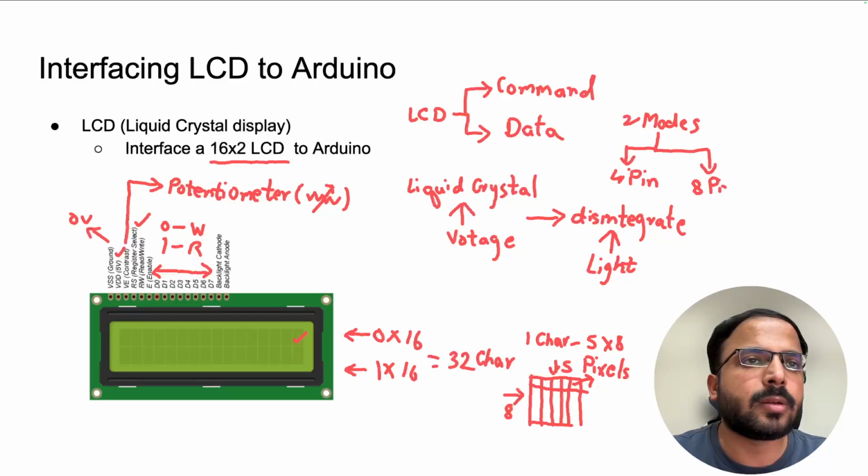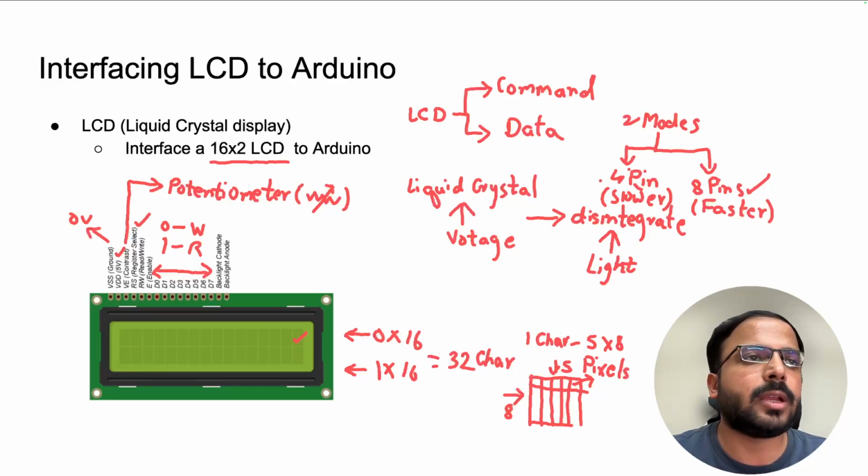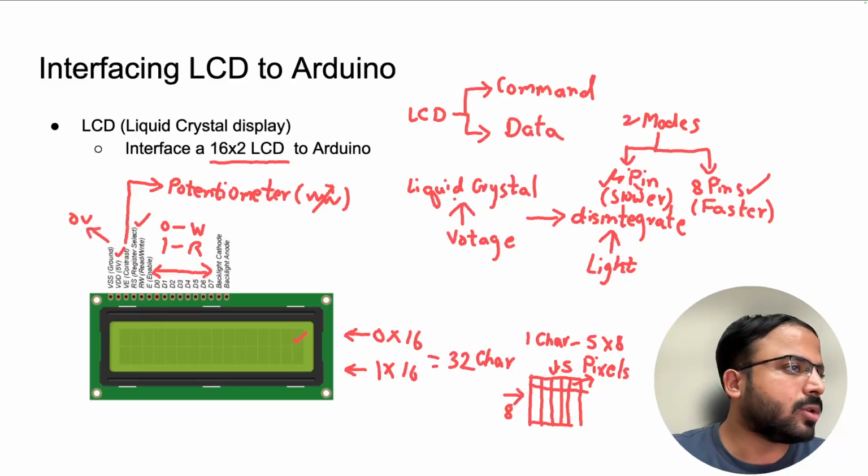With 8 data pins, the data is sent faster. Here, to send 1 byte of information, you have to send 2 nibbles, so this configuration is a bit slower, and the 8 pin configuration is faster. Today we are going to configure the LCD in 4-pin mode. So this is the basic use of these data pins.